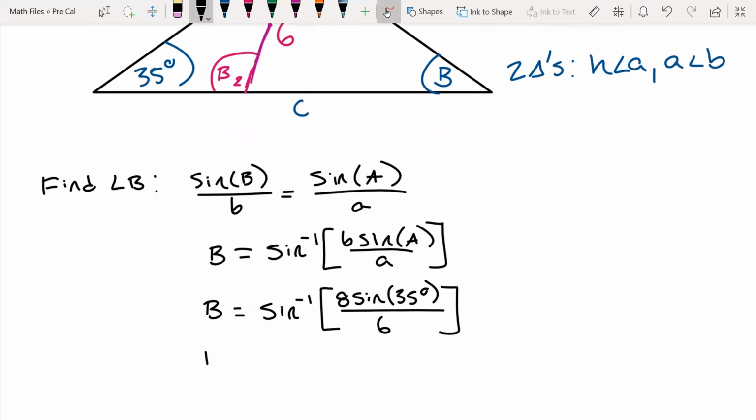Okay, and then angle B is going to be 49.89 degrees.